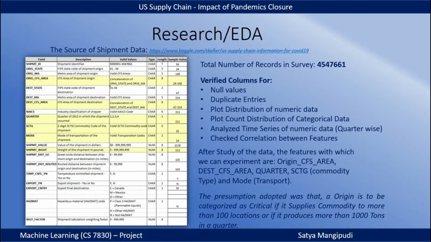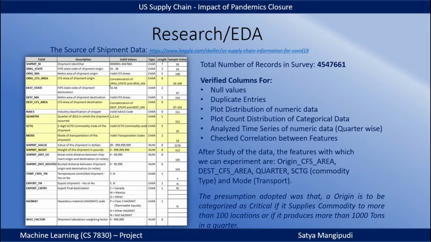As part of EDA, columns were verified and studied as per the points below. In the survey, I did not see null values in the prime columns. Duplicate entries were few. Weight was of special interest while checking the plot distribution, and care has to be taken with it.